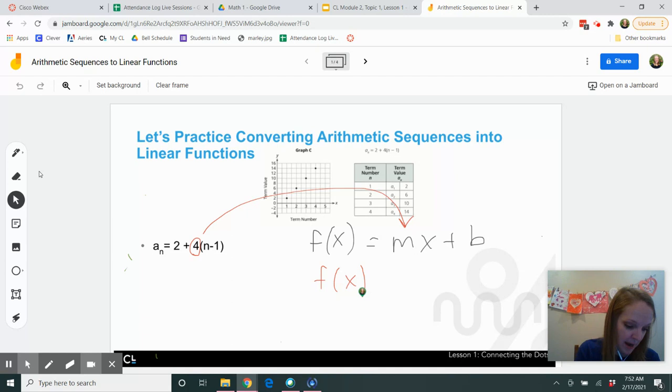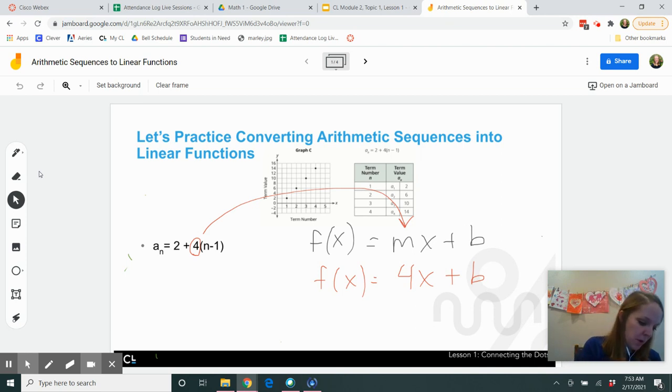So I'm going to rewrite it, and instead of m, I'm going to plug in 4. Okay, here's where it gets a little tricky, and I feel like it's probably a really common place to make mistakes. So the first term is 2. Can we just plug it in for b? No, because the first term is not the same as b. b is the 0 term.